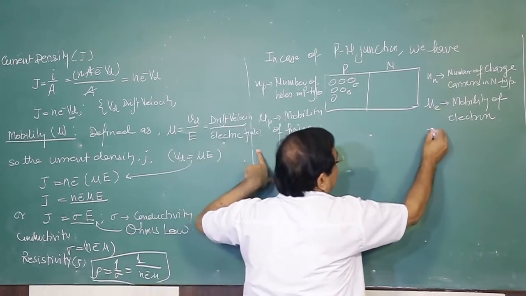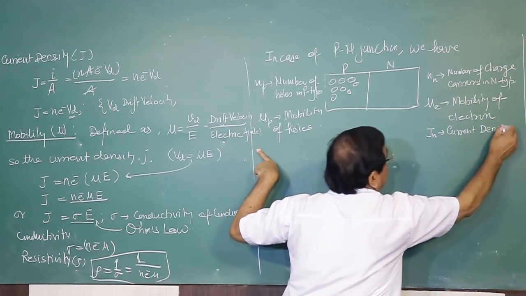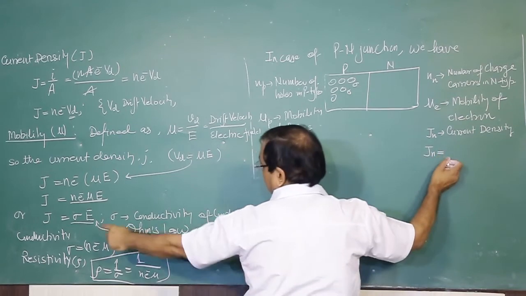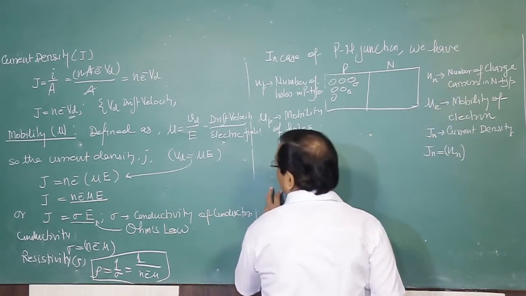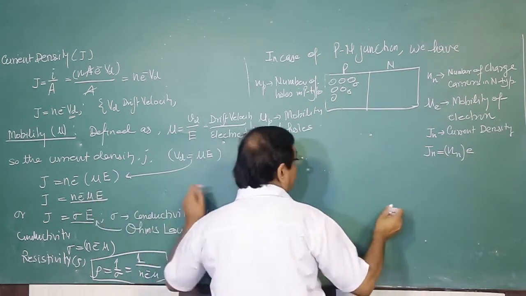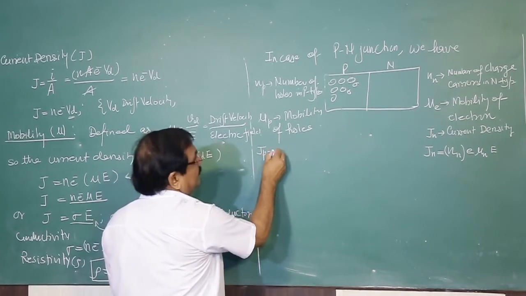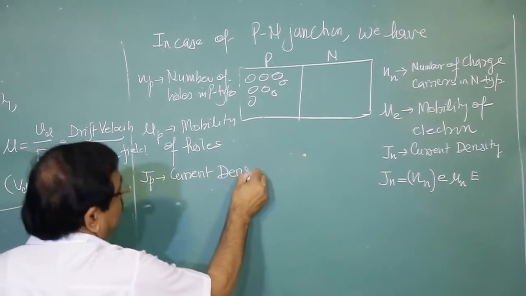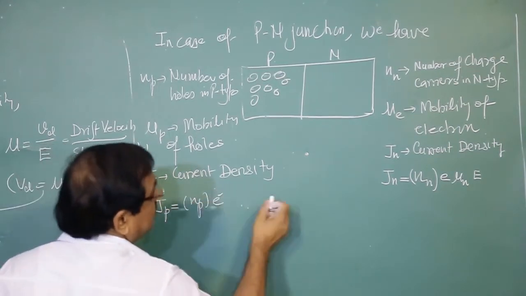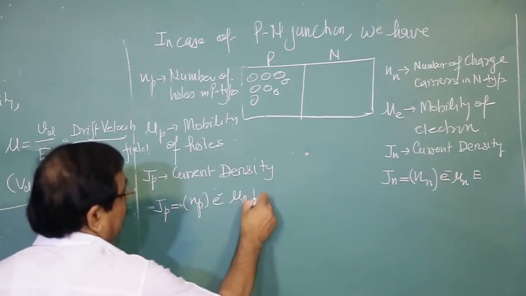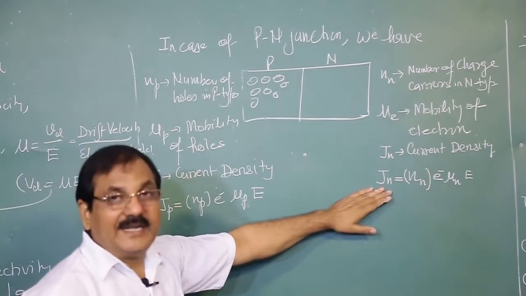This is J n, current density, which can be written as n suffix n, the number of charge carriers in n type, then electronic charge e, then mu e, mobility of electron, and then the electric field E. Similarly, J suffix p, the current density in p type, is equal to n p e mu p E. So these two are the current densities of charge carriers, this is n type and this is p type.